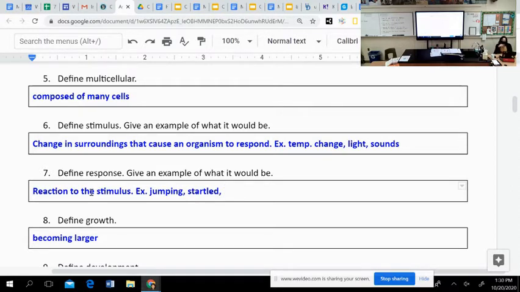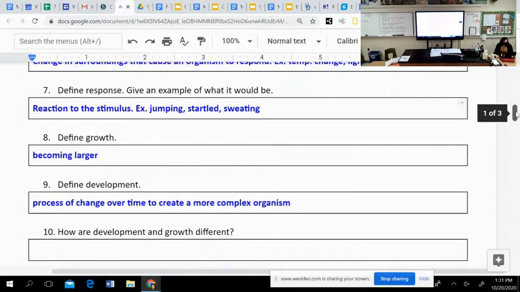Or like going and hiding in the shade or something like that, okay? Do try to remember the difference and what a stimulus and response are, and those specific definitions, how the stimulus is the change in surroundings, and then the response is that reaction, right?